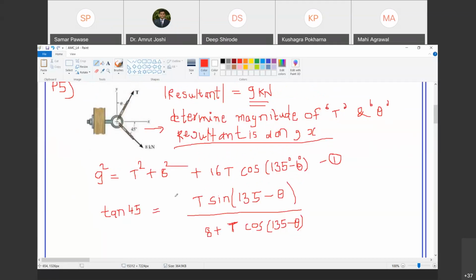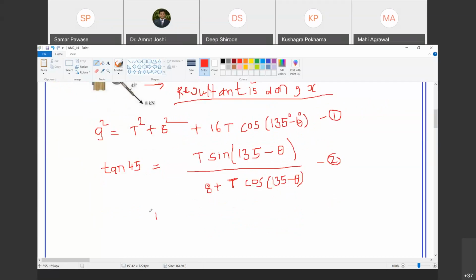Happy? Yes, sir. So now you have this as second equation. Now try and solve these two equations and tell me the value of T and theta. Chalo, do it. I am giving you exactly 2 minutes. In 2 minutes, you should solve these two equations and tell me the value of T and theta.